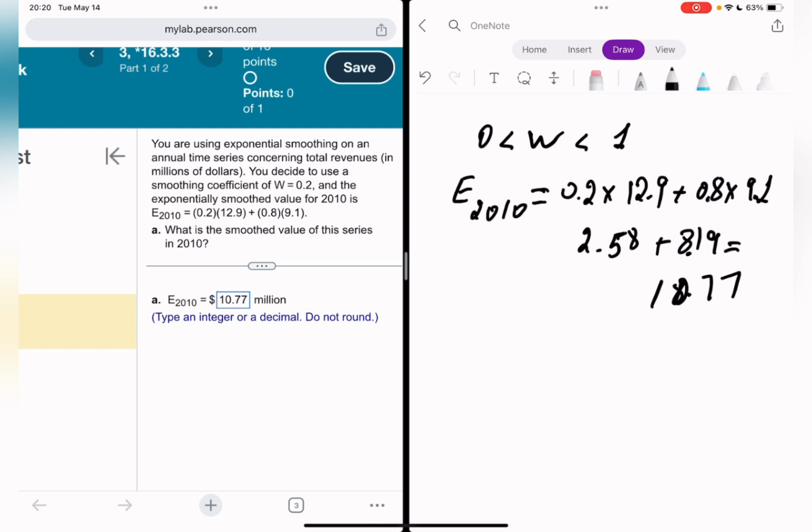7.28. Okay. So let me add 2.58 and 9.886.